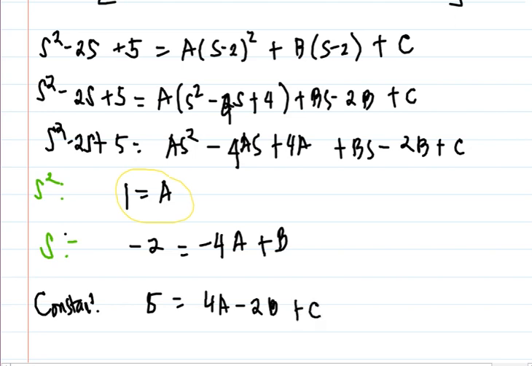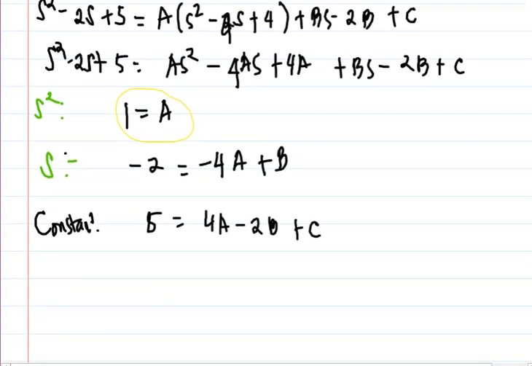Okay? So, based on the value of A that we obtained, we can solve for B. So, our B is equal to negative 2 plus 4A. So, this is equal to negative 2 plus 4. B will be equal to 2.